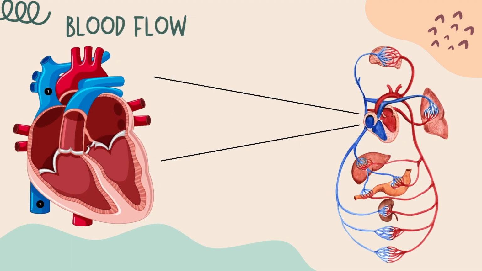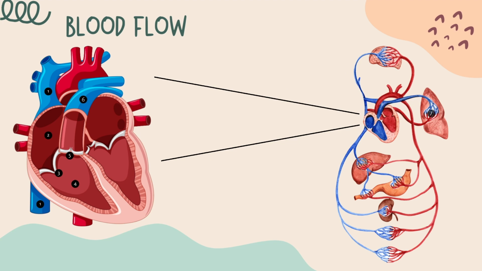So getting back to the actual blood flow, blood comes in through the superior vena cava and the inferior vena cava into the right atrium. It goes from the right atrium through the tricuspid valve into the right ventricle. Then it leaves the heart through the pulmonary valve or pulmonic valve into the pulmonary artery.